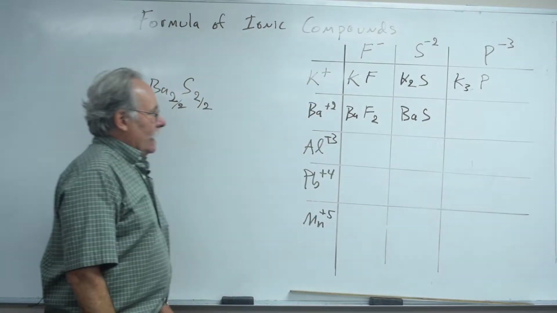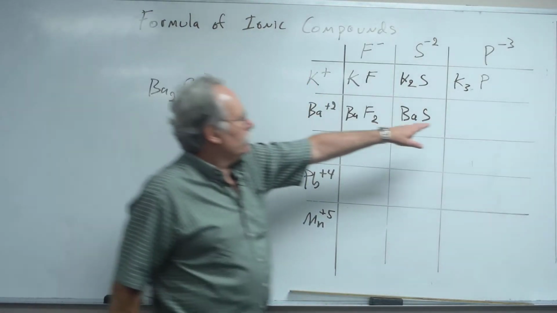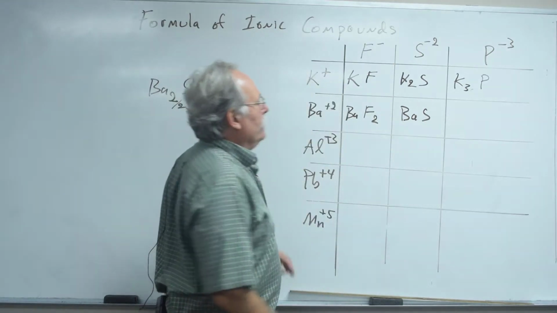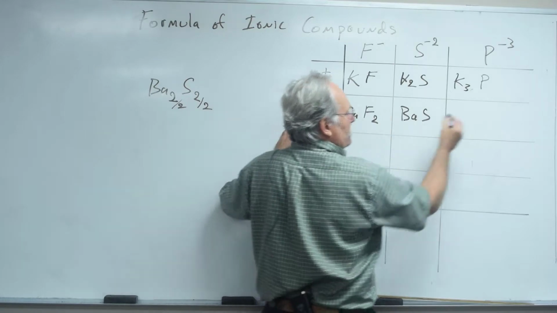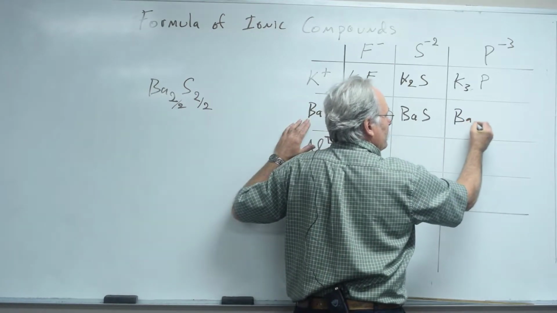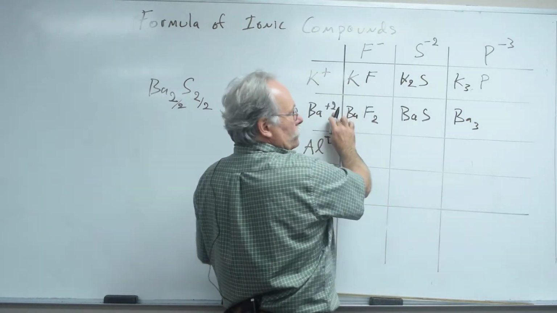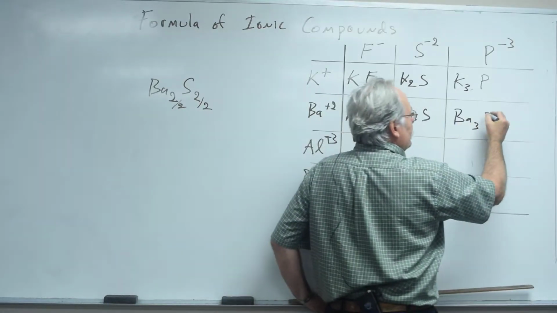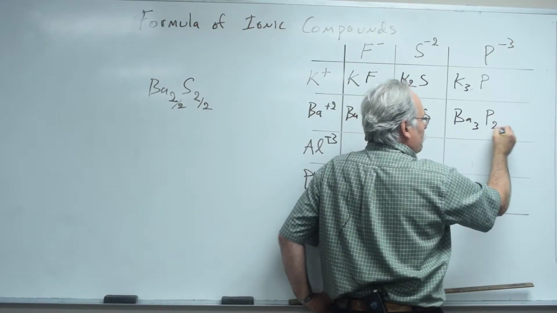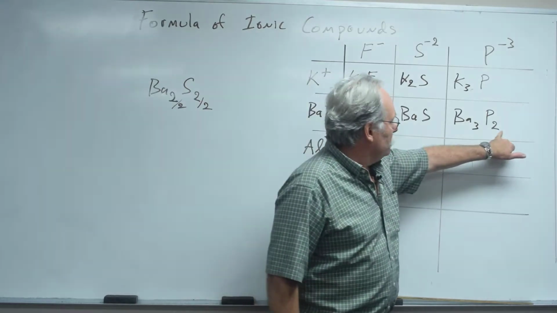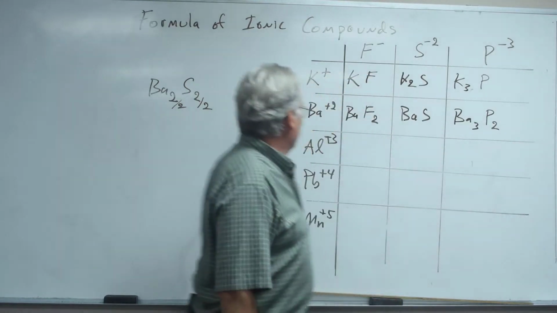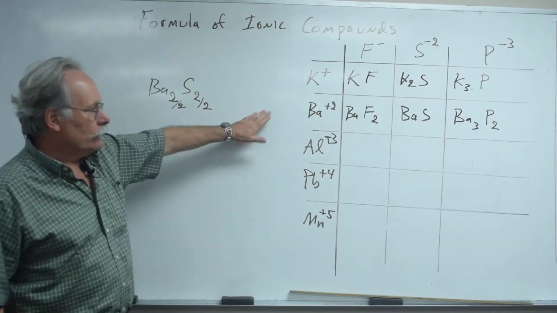Now, I come over here to barium phosphide, and since there's 3 of these, I need 3 of the +2s, so it's Ba3, and since this is a charge of +2, I need 2 of the -3s. So 3 times +2 plus 2 times -3 equals 0. This is a neutral formula.